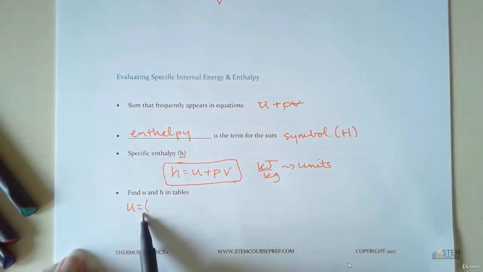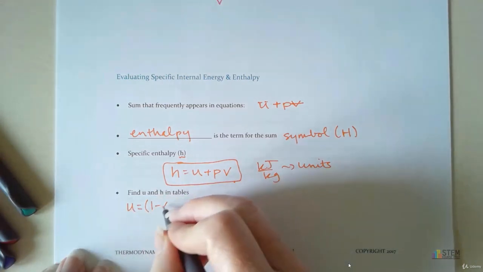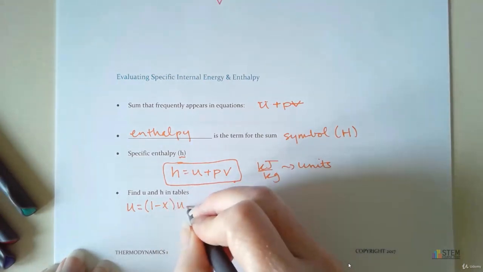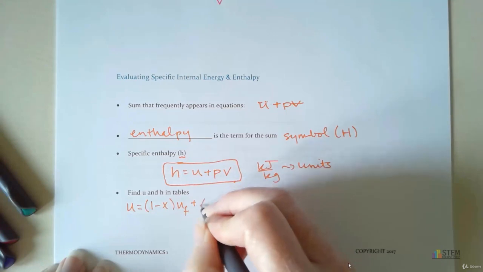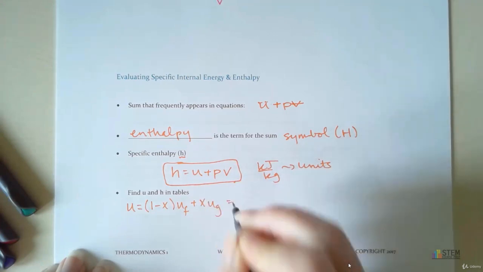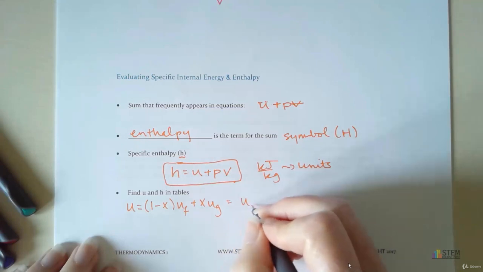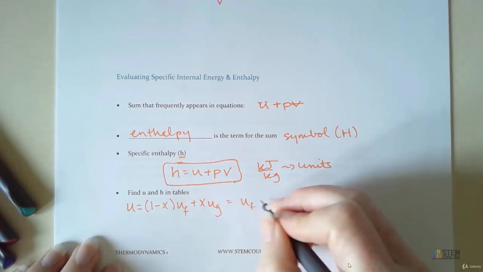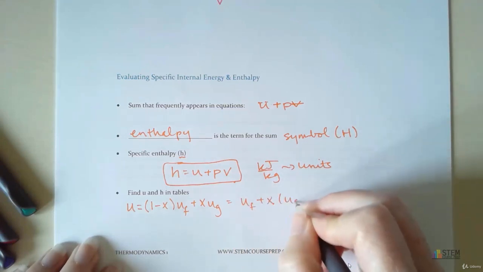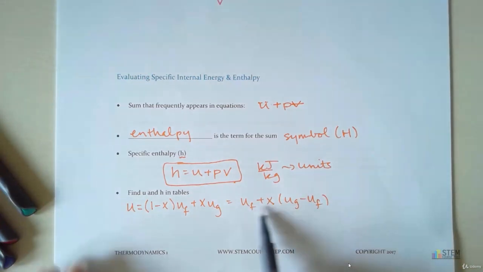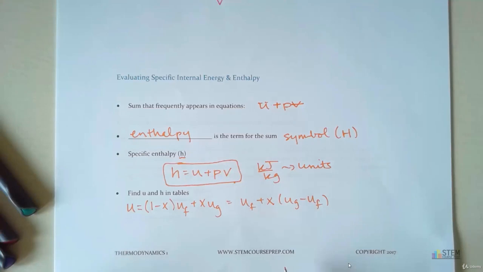So u is going to be equal to (1 minus x), where x is quality, times u_f, plus x u_g. Then if we write this out, expand it, we're going to have u_f plus x times (u_g minus u_f). This is our equation right here that we're going to use for specific internal energy.